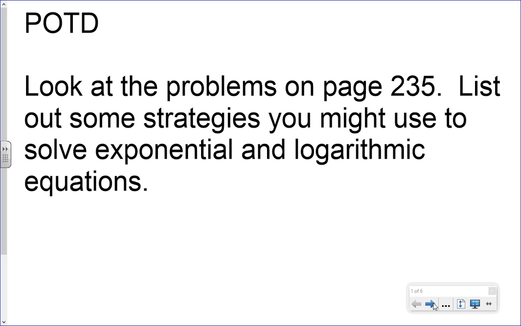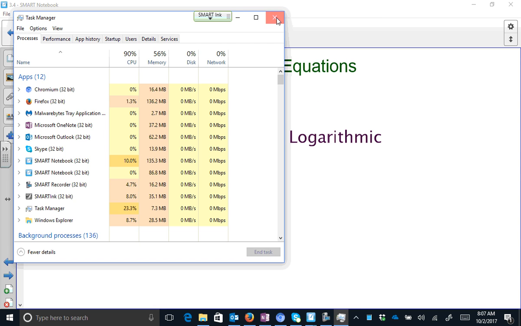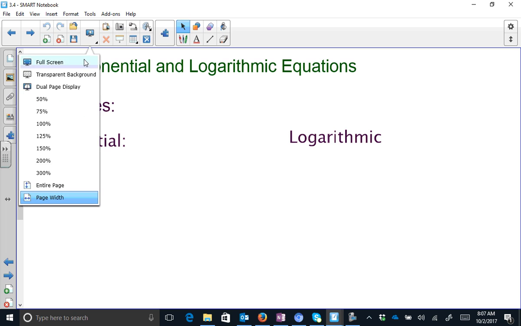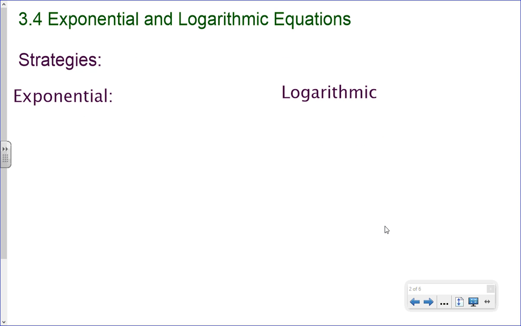So if I can get my smartboard to recognize that I'm touching it here. Okay, so strategies for solving logarithmic and exponential equations.